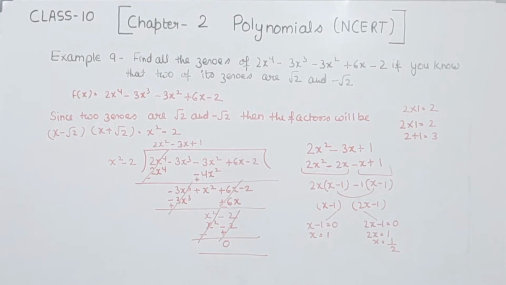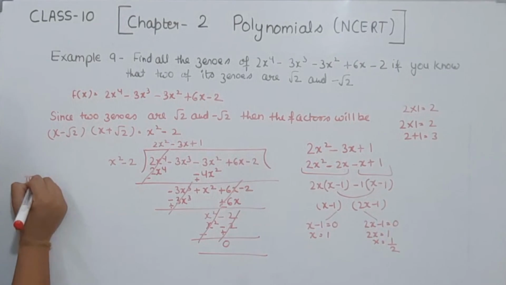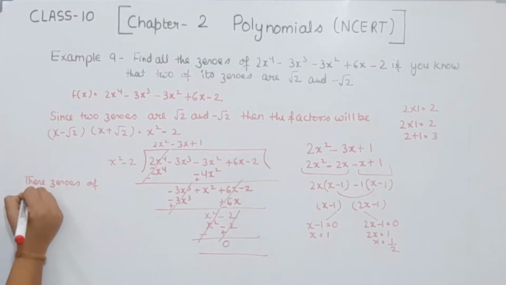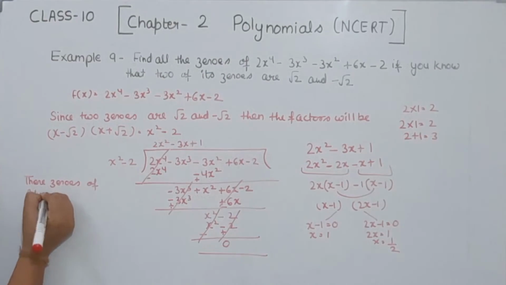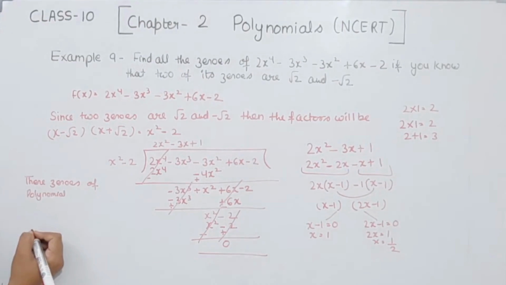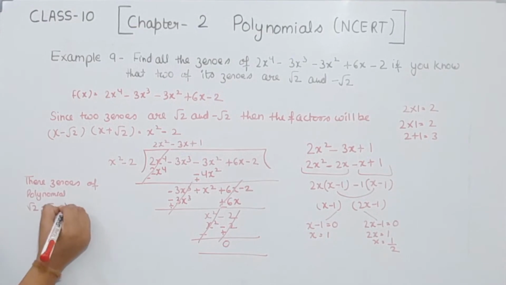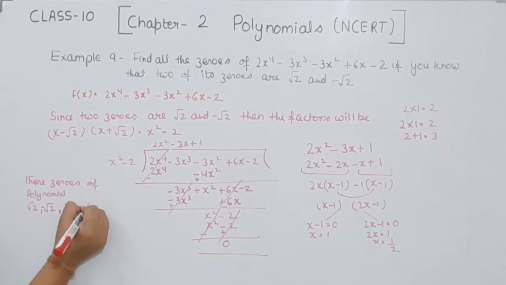So the two more values we are having are 1 by 2 and 1. So we are going to write the zeros we are having here. Therefore, the zeros of the polynomial are root 2 and minus root 2, 1 by 2 and 1.